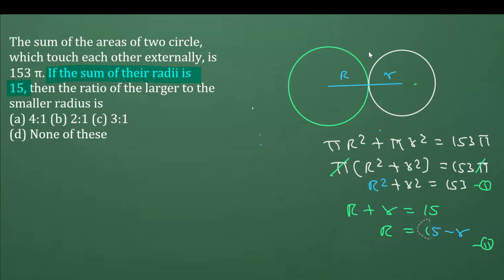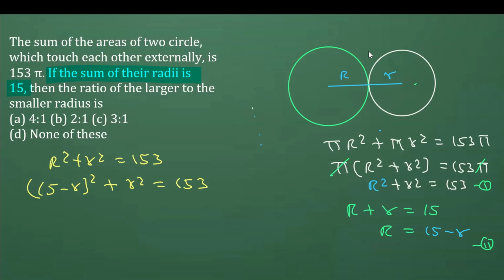So for substituting this, let me once again write down capital R square plus small r square is 153. Replacing capital R with 15 minus r, whole square, plus small r square is equal to 153.